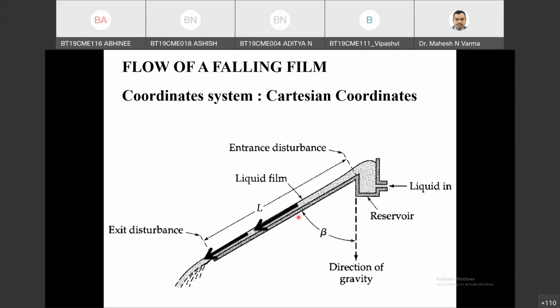So now you need to imagine the film of length L, width W, and thickness delta. So there are 8 possible origins in Cartesian coordinate system. And you should remember that the model equation which you will be deriving depends upon the location of origin also.